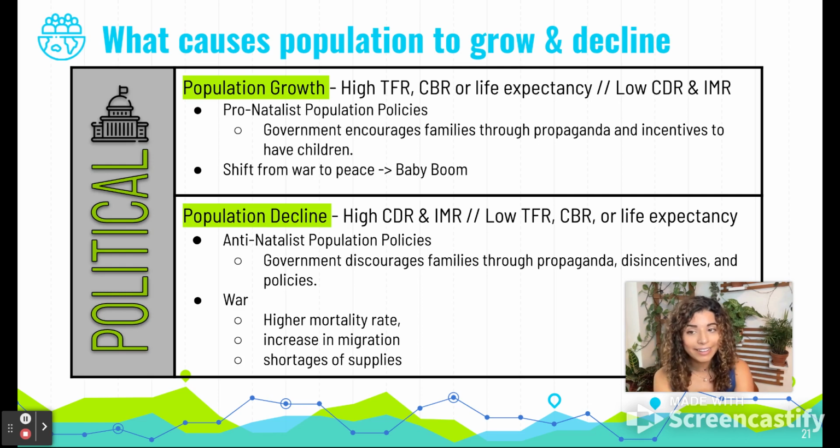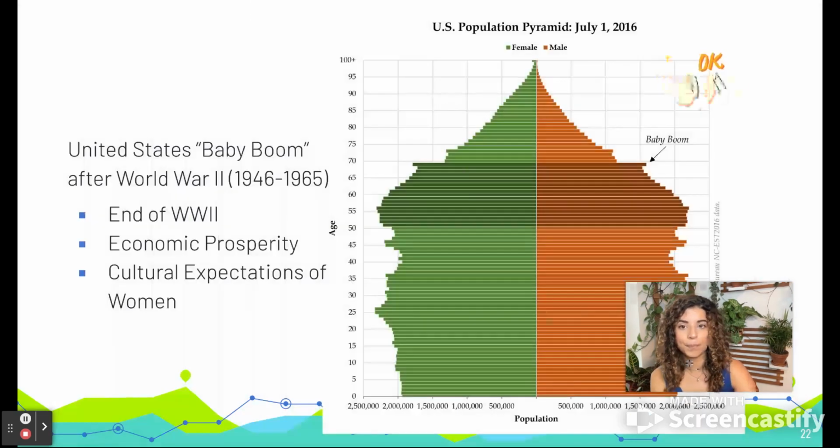Population decline, that is political. Antinatalist population policies. So the government will discourage people from having children and disincentivizes having children. War is another political reason why populations may decline. Higher mortality rate, an increase in migration, and then also supplies might be short.